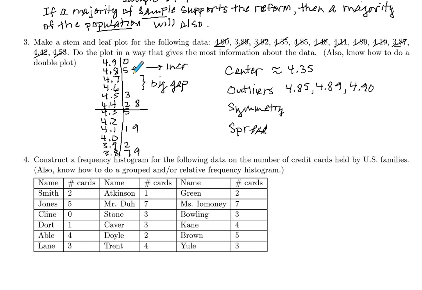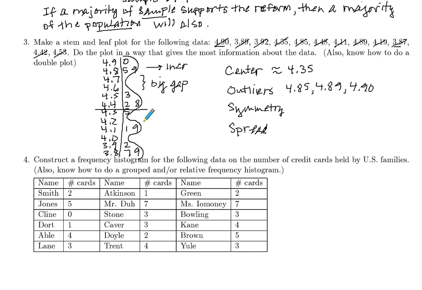And then symmetry of this, well, let's see, if we look at the curve that goes across the top of the data, it would look something like this. And, well, the center going down through here. Yeah, we've got two areas of concentration above the middle, and we've got two areas of concentration below the middle. We actually have a fair amount of symmetry there.